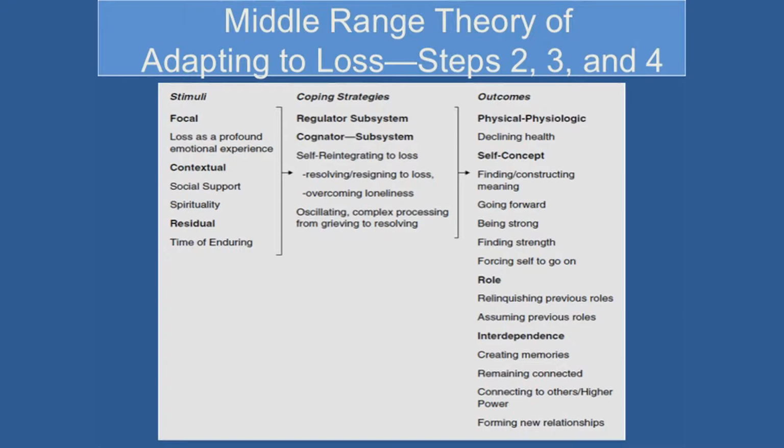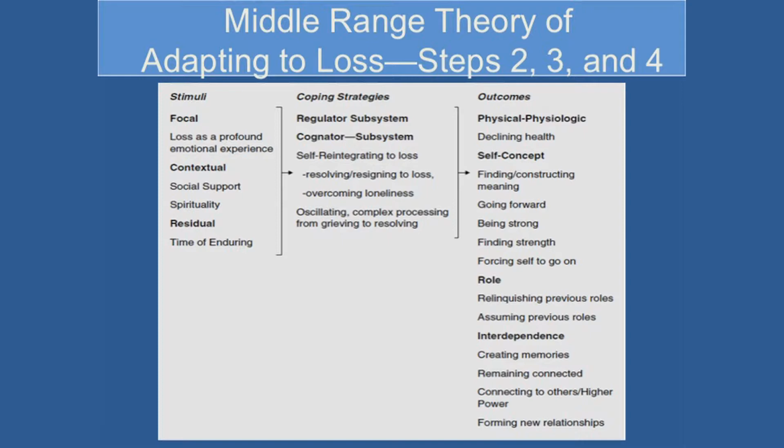Residual because it's not exactly established but has always to be taken into account. The coping strategies then at the regulator subsystem and the cognator subsystem deal with self-reintegrating to loss by processes of resolving, resigning to loss, overcoming loneliness. And another major process of oscillating complex processing from grieving to resolving.